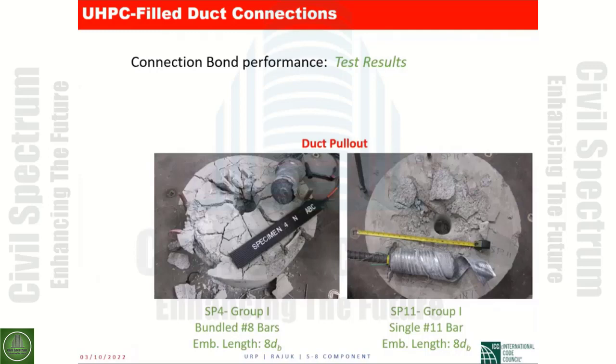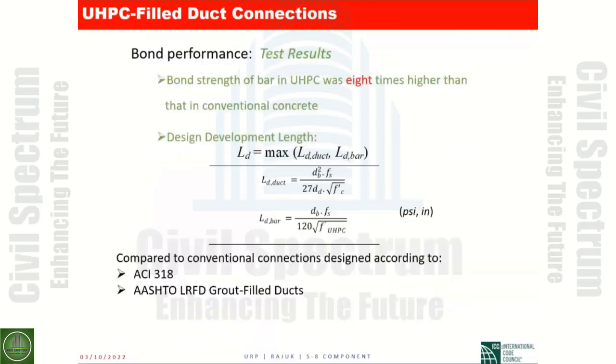One is the bar pulling out from the duct. The other one is the duct itself pulling out. So based on these data, first of all, we found that the bond strength of UHPC is about 8 times the bond strength of concrete. So really excellent bond because of the presence of the fiber and special engineered material that we have used in UHPC.